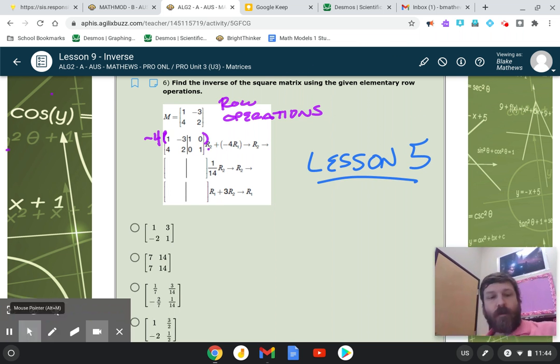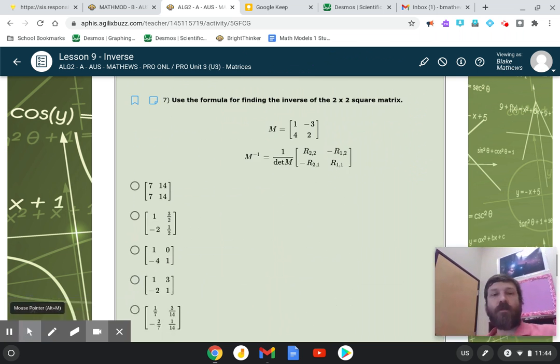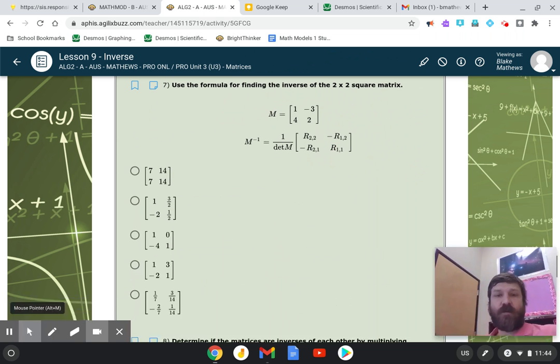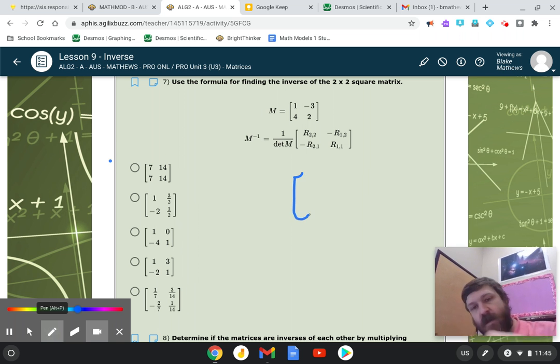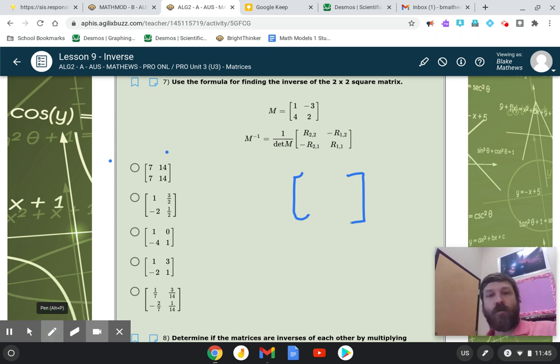All right, scrolling down. Use the formula for finding the inverse of a 2 by 2 square matrix. This is another method. Just to explain what this means, you need to find the determinant. You already know how to do that. So find the determinant of the matrix, and then you do 1 divided by the determinant, and then you see here how it tells us to do all these different things. So the first thing we need to do is make this new matrix where we do R2, 2.